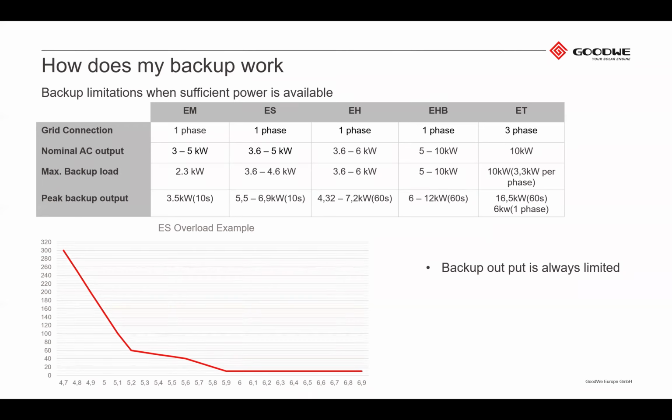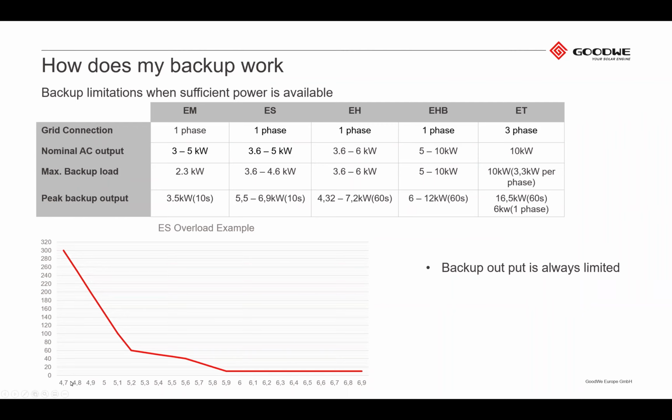As you'll see, the overloads are based on the kilowatt capacity: 4.7 kilowatt, 4.8 kilowatt, 4.9 kilowatt, and you'll see the overload times. This is just a rough estimate. It's not 100% accurate, it's just a rough estimate that I did for you guys.